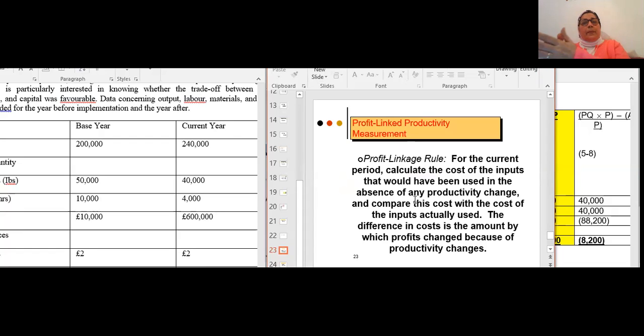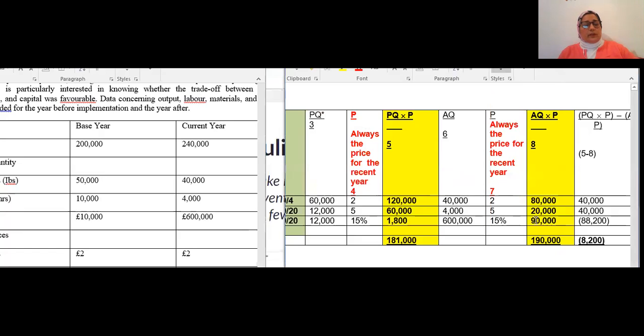For the current period, calculate the cost of the input that would have been used in absence of any productivity change. This is where we linked the output of the current year with the partial productivity ratios of last year, and then do the calculation and compare between both of them. The difference in cost is the difference because of the productivity.